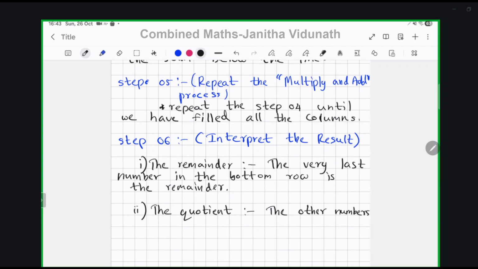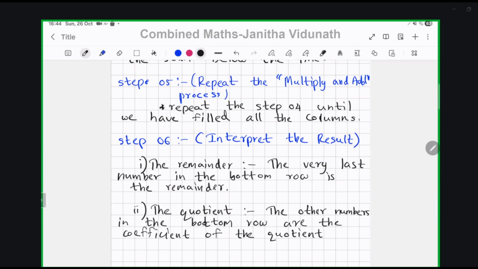Write down step number 6, open a bracket and write, interpret the result. Put Roman number 1 and write down the remainder.